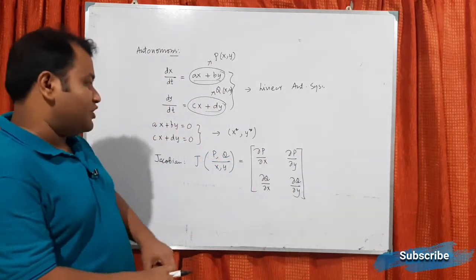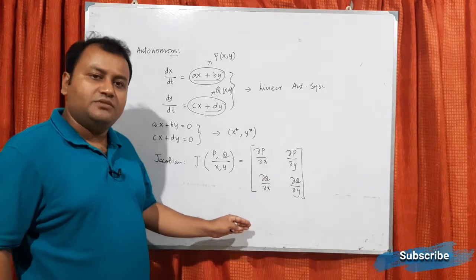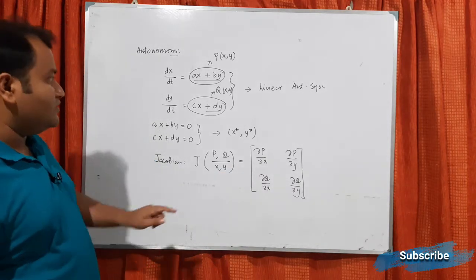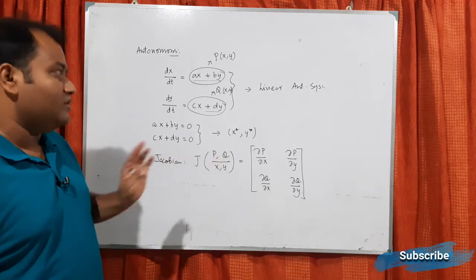Based on the Jacobian you can find the eigenvalues of this matrix, and depending on the nature of the eigenvalues you get the idea whether this equilibrium point is stable or not.